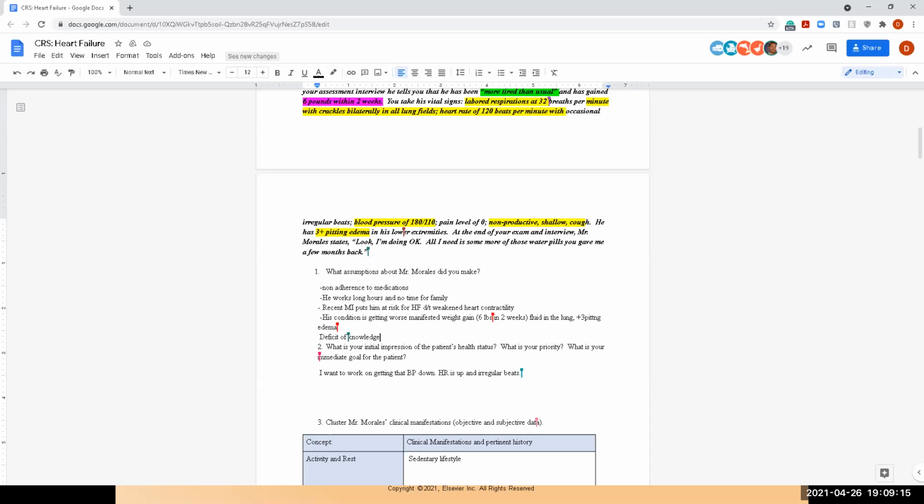I mean, to me, his body has tried all those compensatory mechanisms, his RAAS system's been activated, his heart rate's tried to increase. The body has tried to do all of this stuff. Now it's starting to decompensate.